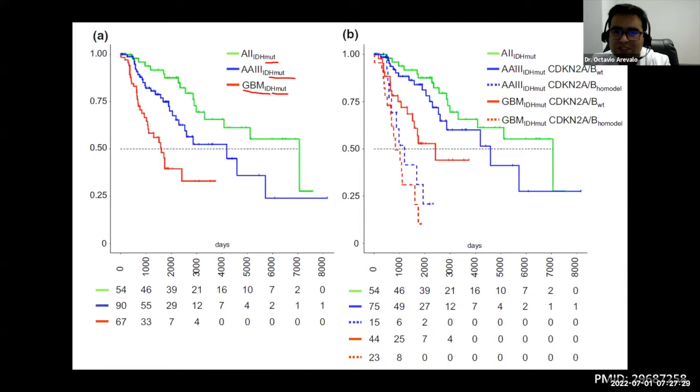But now when you discriminate the groups based not only on the histology, but also the presence of the homozygous deletion, I want to bring your attention to this group.